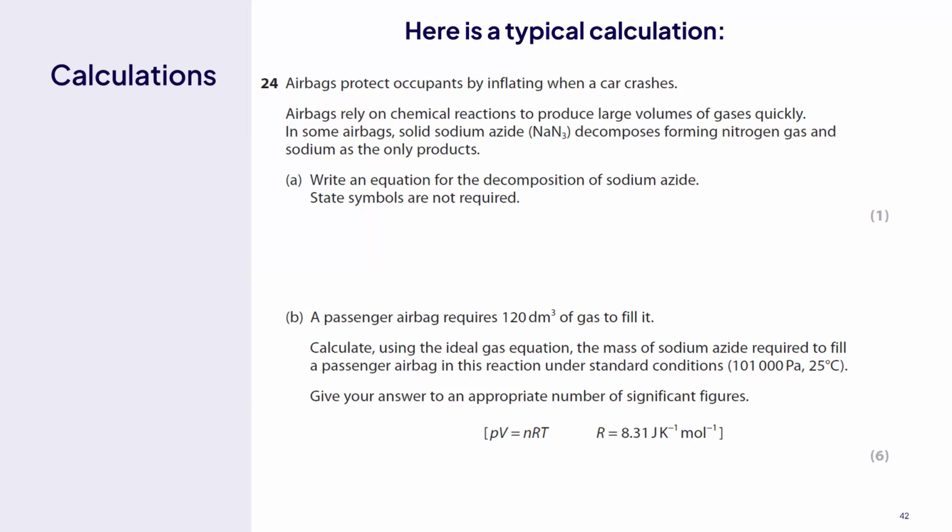So a typical calculation, and in this particular instance, because it was on a paper where PV equals nRT hadn't been covered, they were given the ideal gas equation and given R. It's because they're not allowed to use the data booklet. In this particular paper, it was Unit 1, so they were given the value of R on this occasion. Okay.